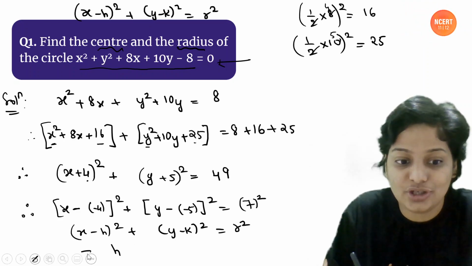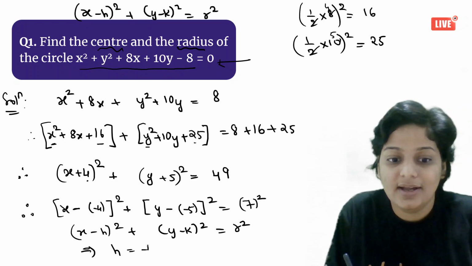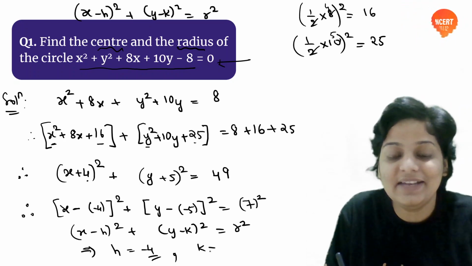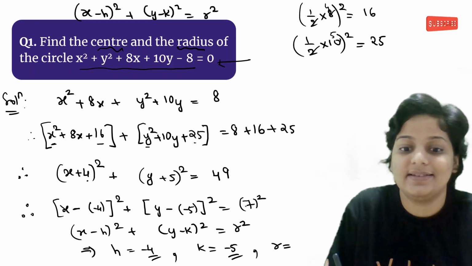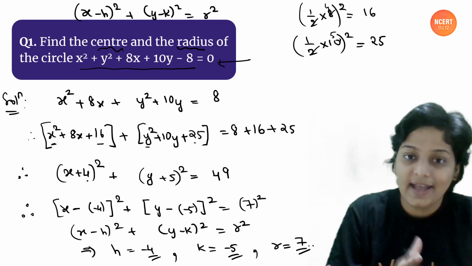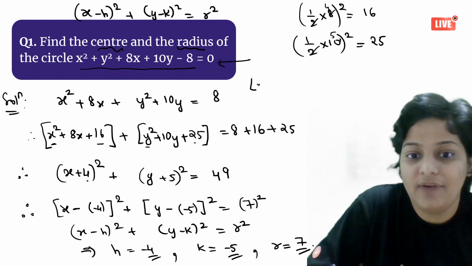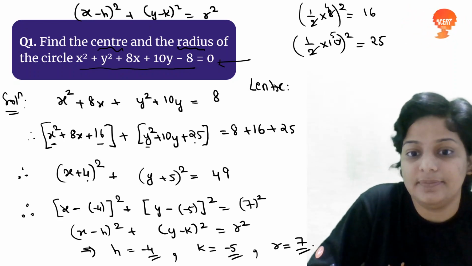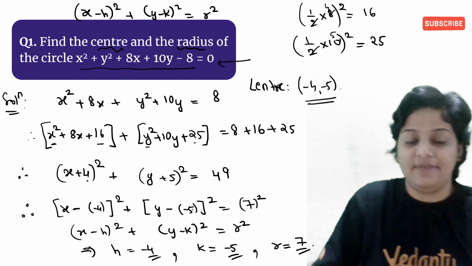What do you get for h? h is minus 4, and what is the value of k? k is minus 5, and what is your radius? It's 7. So that's how we solve for h, k and r. h and k become the center. So finally the center of the circle is minus 4 comma minus 5. Done?